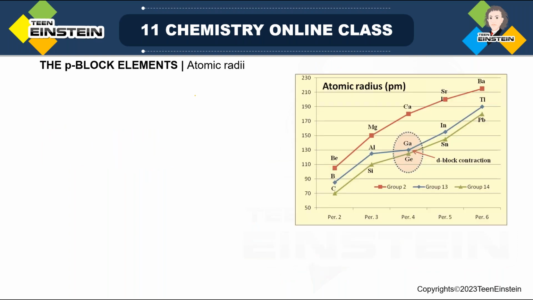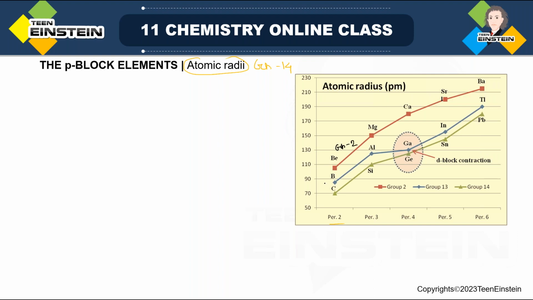After electronic configuration, we will see the size, that is the atomic radii of group 14 elements. In this graph, we have a total of three groups. As you can see, the red line is for group 2, right?